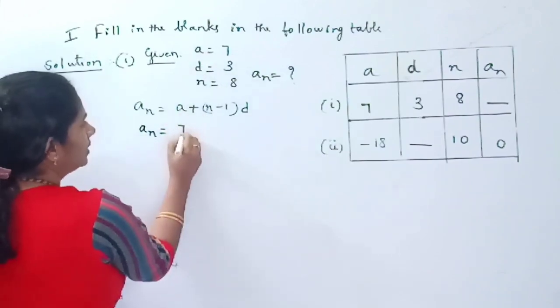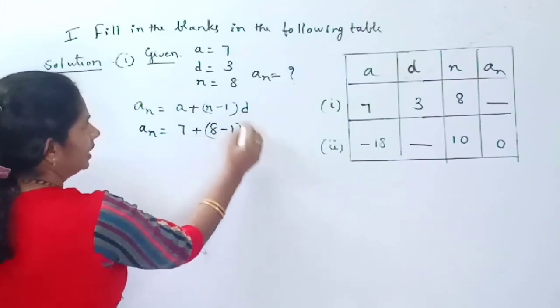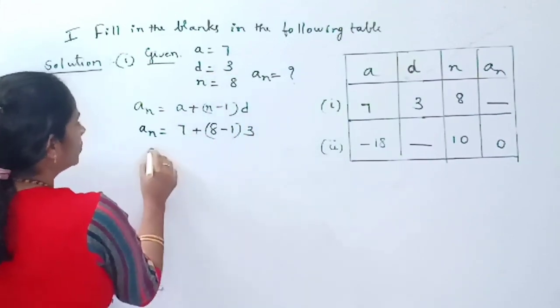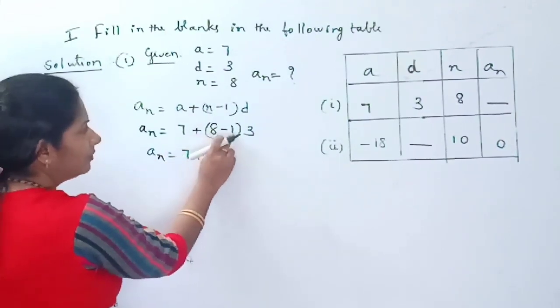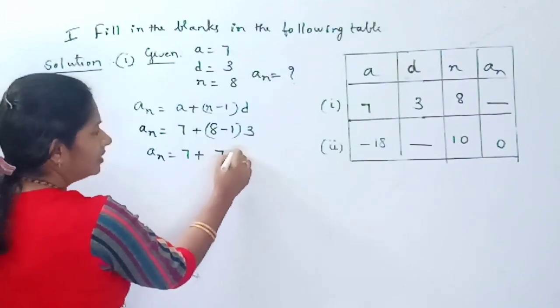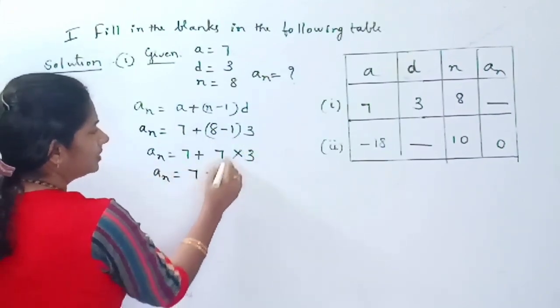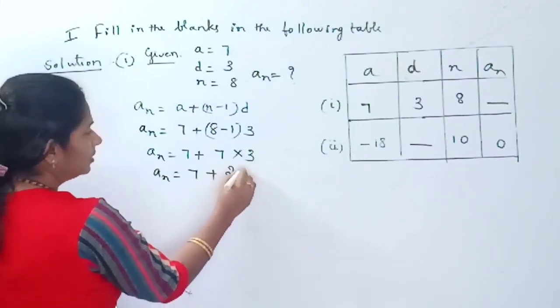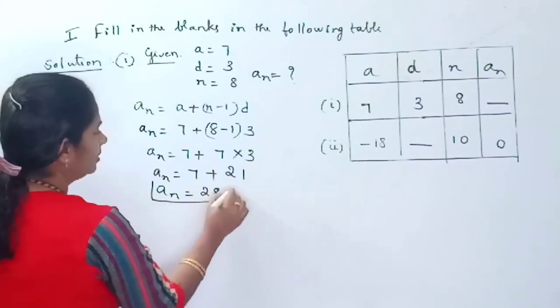A value is 7, N value is 8, D value is 3. So AN is equal to 7 plus, remove the bracket now, 8 minus 1 into 3. So AN value is 7 plus 7 3s are 21. So AN value is 28.